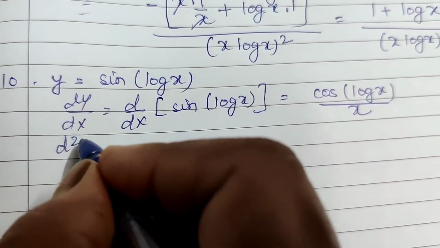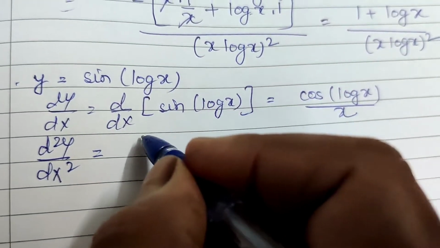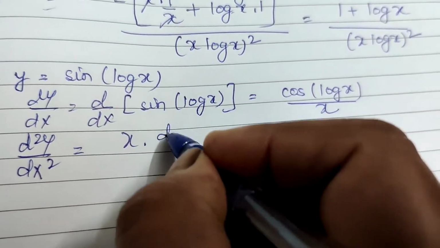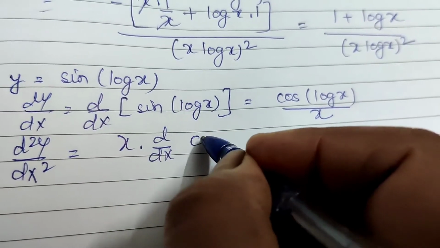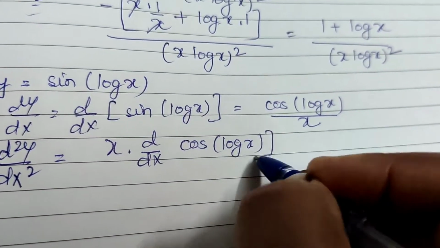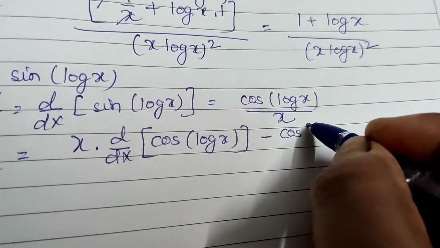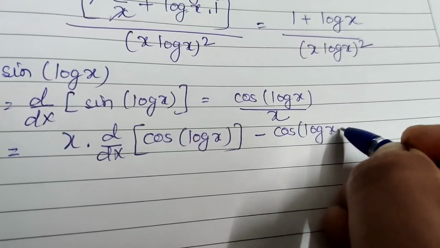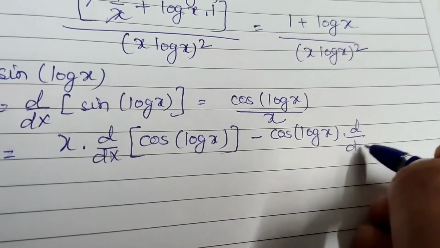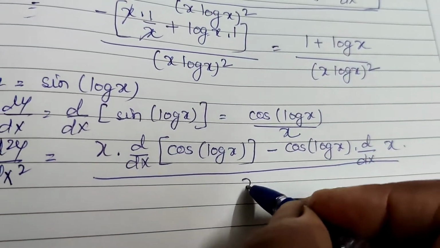Now for the double differentiation, using the division rule: the denominator times differentiation of numerator, minus numerator times differentiation of denominator, divided by denominator square.